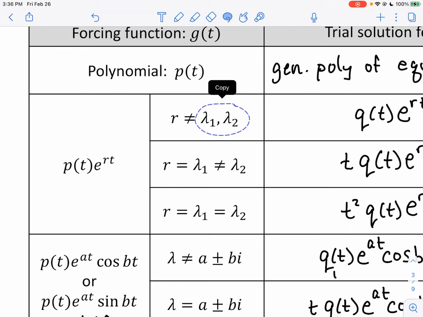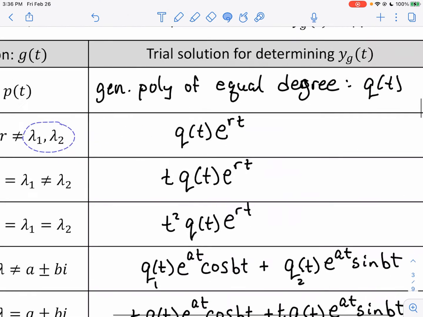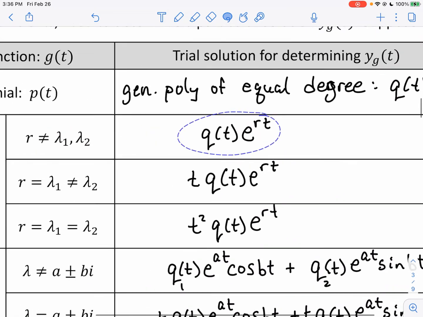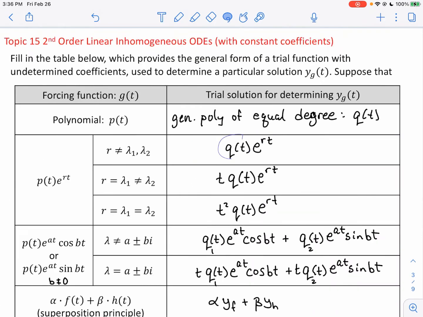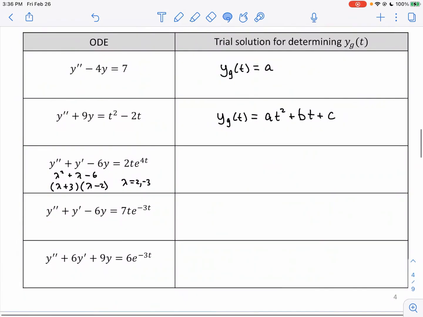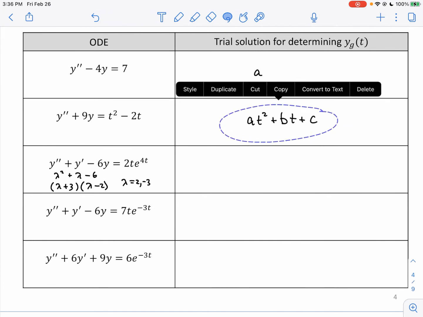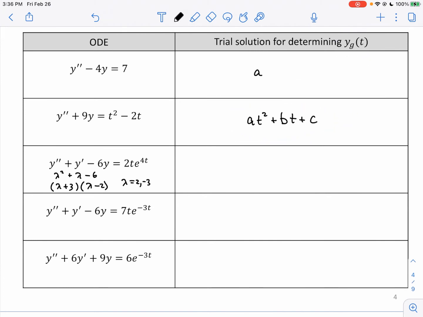one of our roots of the characteristic polynomial, which means we're going to follow this format for doing a trial solution, where the q is the same degree as whatever polynomial is in front of our e to the rt. Okay, so looking at this, we have a 1st degree in front of here. I'm just going to stop writing y sub g. We don't need to write any of that stuff for this, because it's technically included in our header anyway.